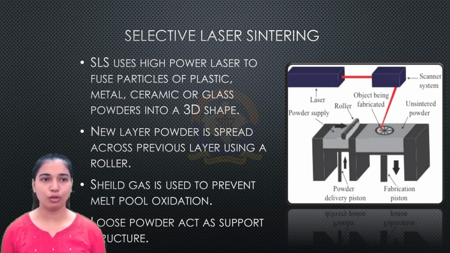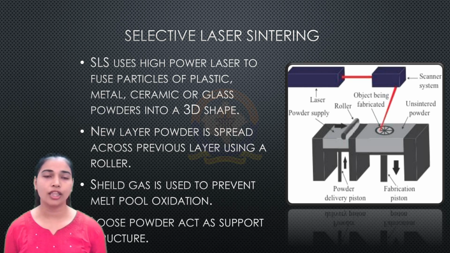The powder bed is then lowered by one layer thickness after the scanning of each layer is done. A new layer of material is applied on top and the process gets repeated until the desired structure is achieved. The SLS printer preheats the bulk powder below its melting point to make it easier for the laser to increase the temperature of the selected region beyond its melting point.